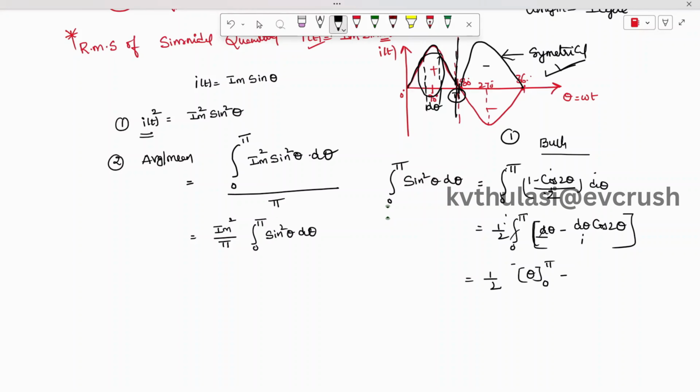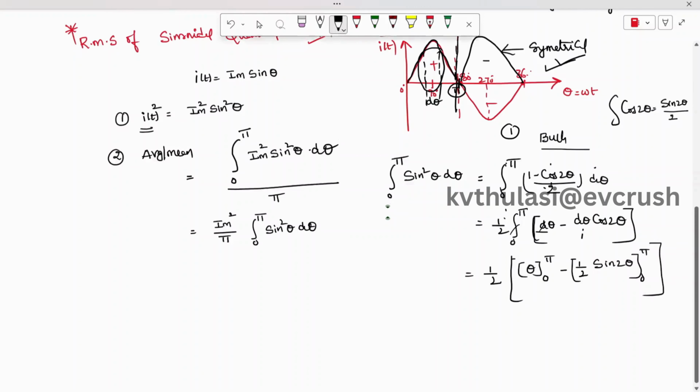The integral of cos 2 theta is sin 2 theta, and for this term the 2 will come to the denominator. So therefore here I can write it as 1 by 2 into sine 2 theta, where the limits are varying from 0 to pi. These are the overall brackets.